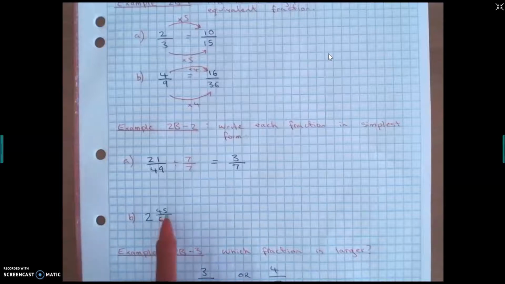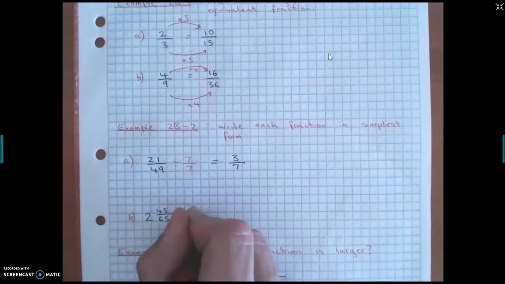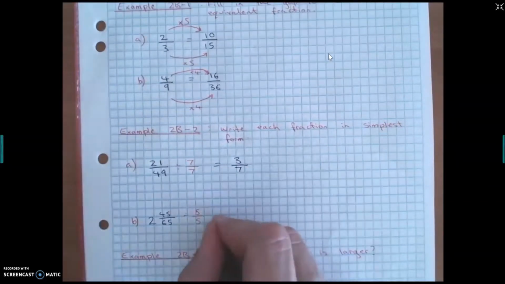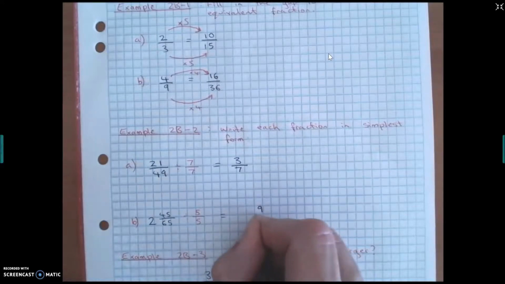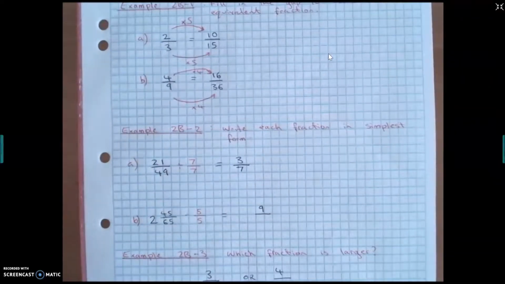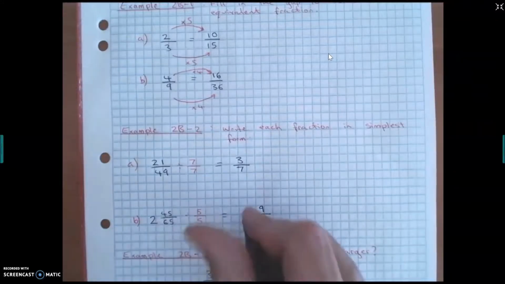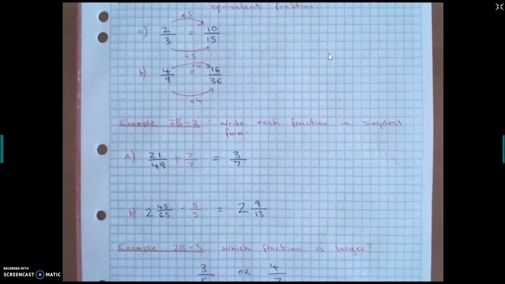So if I divide 45 by 5 and 65 by 5, 45 divided by 5 gives me 9, and 65 divided by 5 gives me 13, and of course I still have this 2 that needs to go in front. So I've been able to simplify that fraction by dividing both the top number and the bottom number by 5.